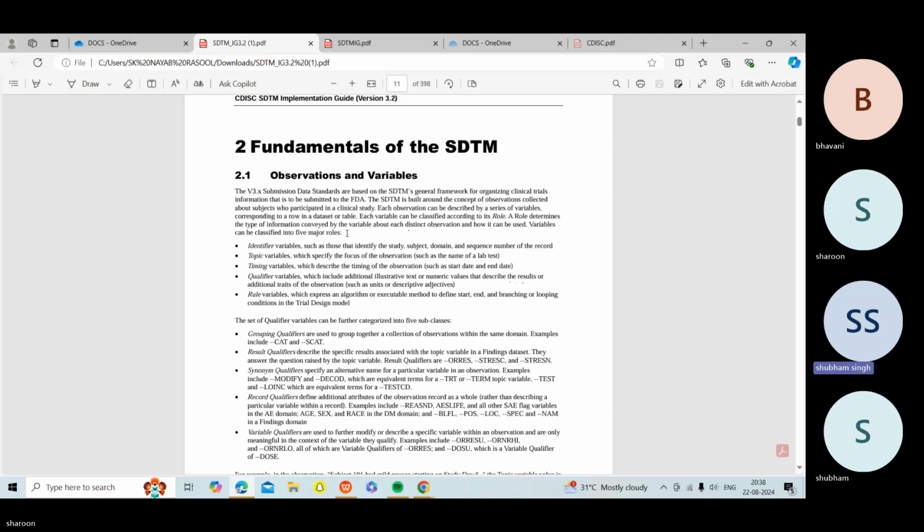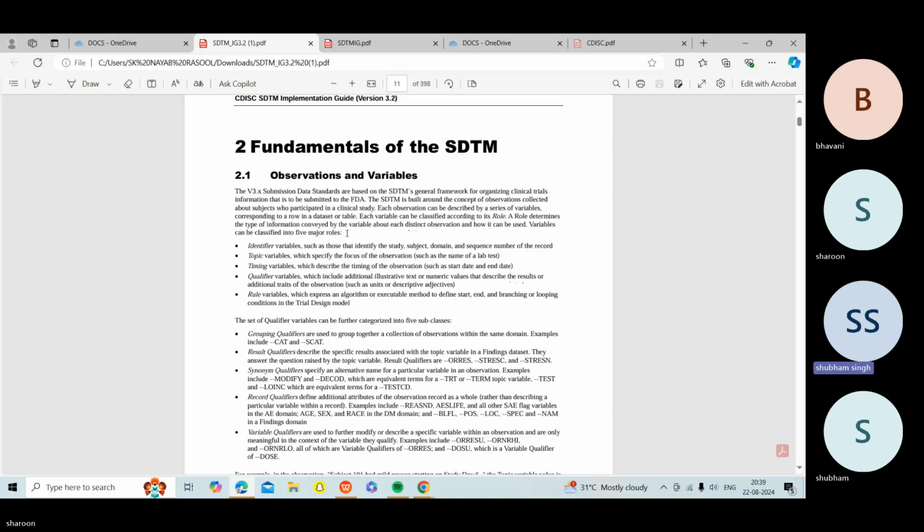Each observation can be described by a series of variables corresponding to a row in a data set or table. Each variable can be classified according to its role. A role determines the type of information conveyed by the variable. It's very simple. The variable name determines what data it's going to contain.